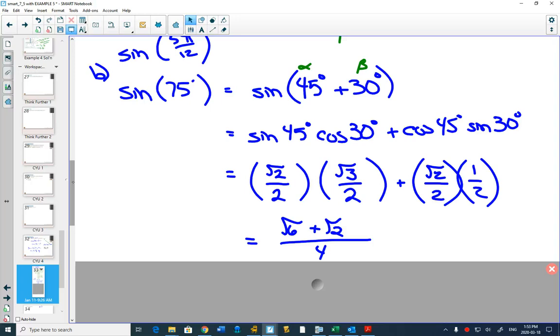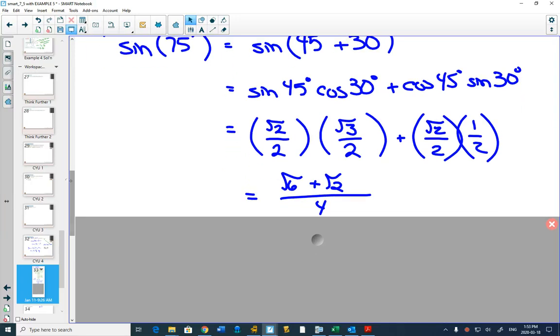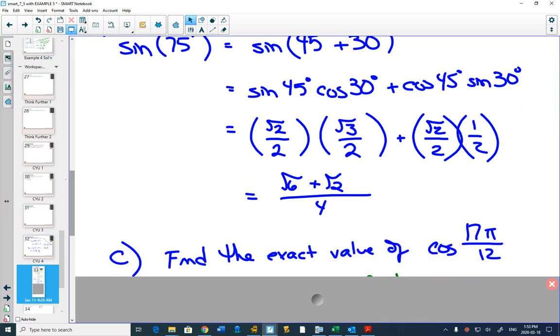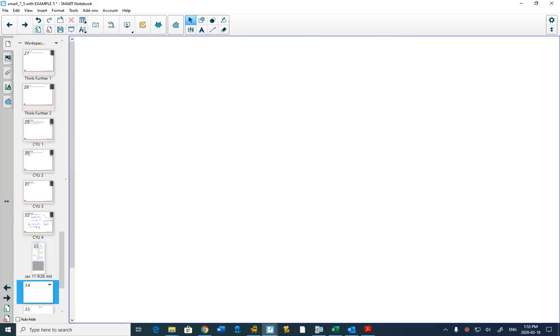And on this scrap piece of paper, you're going to write 17 pi over 12. Because our next question is going to ask us to find the exact value of cos of 17 pi over 12. But on your scrap piece of paper, I just want you to write 17 pi over 12 equals, and you need to put 2 things from your pie plate, anything coterminal with anything on your pie plate, that add or subtract to get 17 pi over 12.